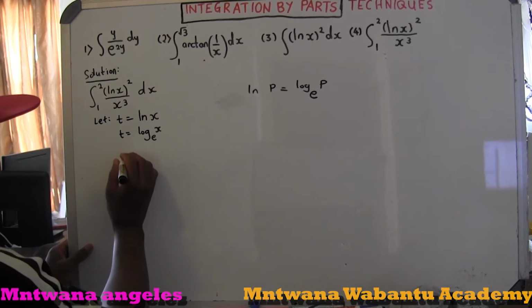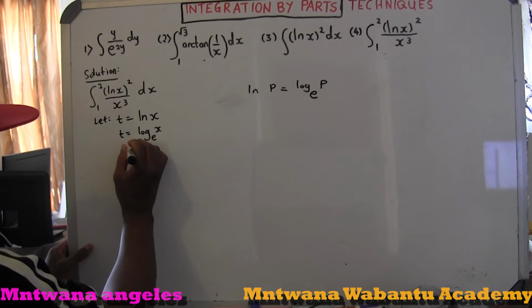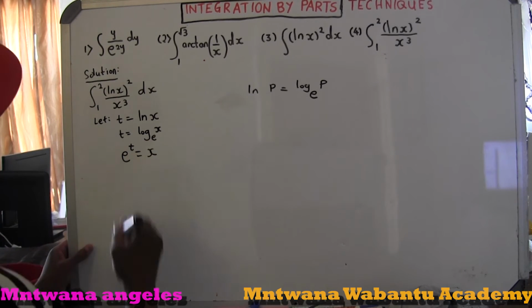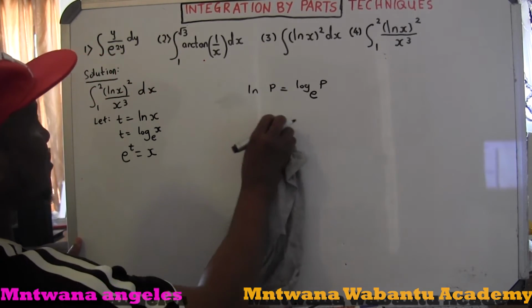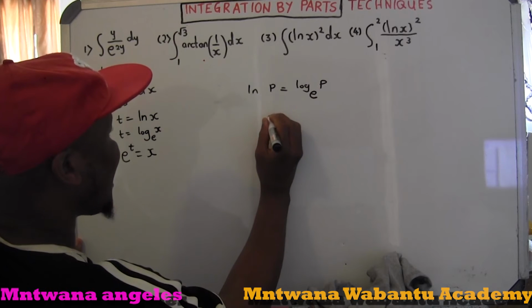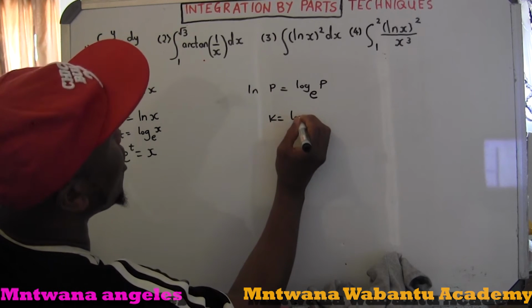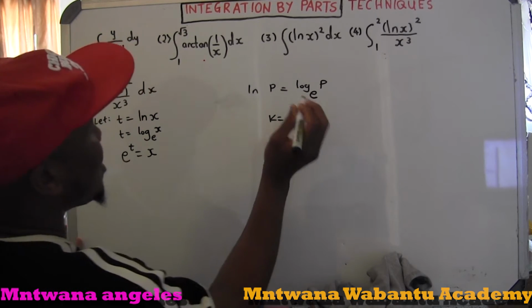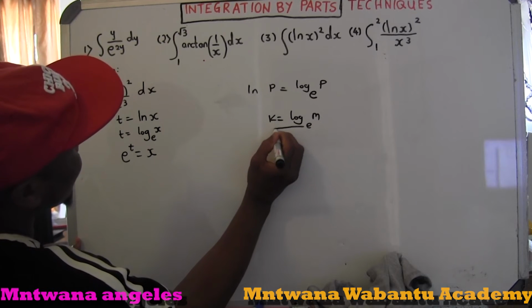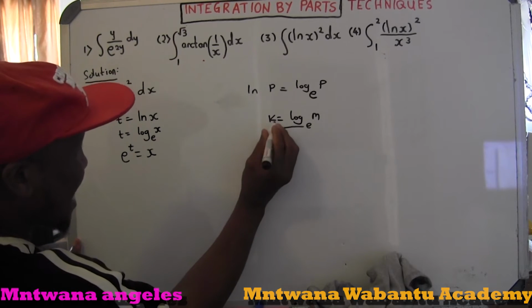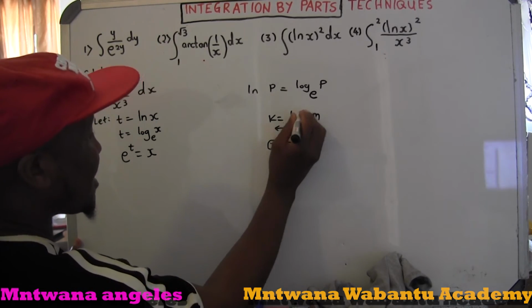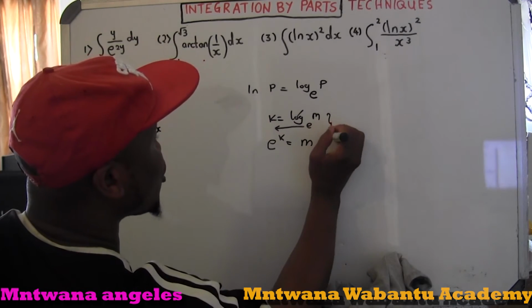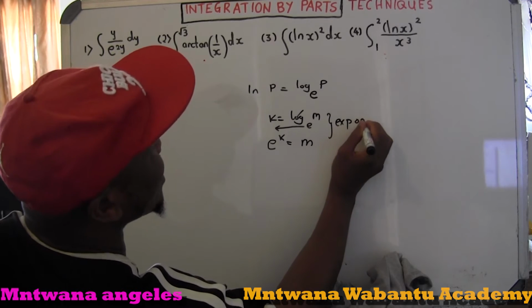It's going to be e to the power t equals x. Like if you say k equals log m under base e, you can push the log to the other side, it becomes e to the power k, and you're left with m, and the log disappears. This is called the exponential rule in logarithms.